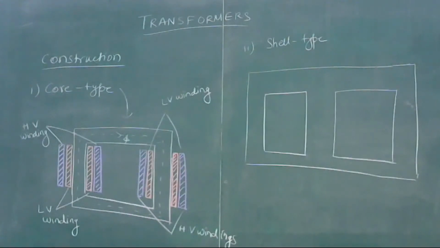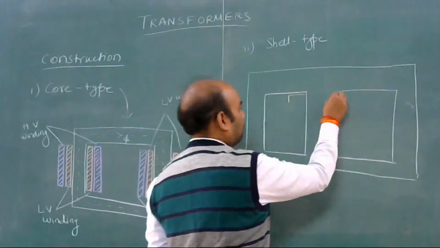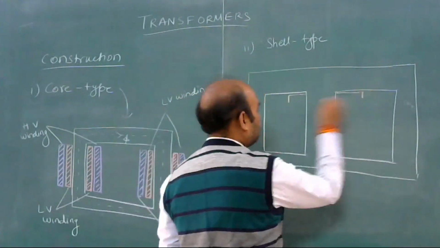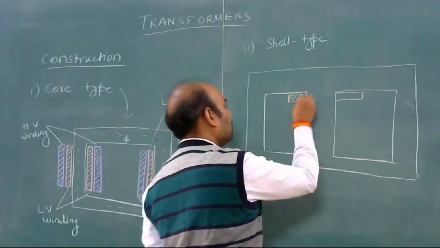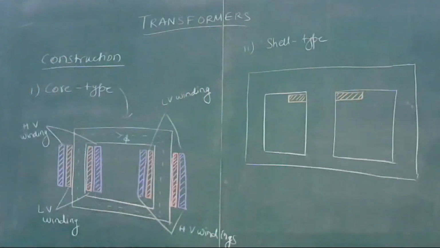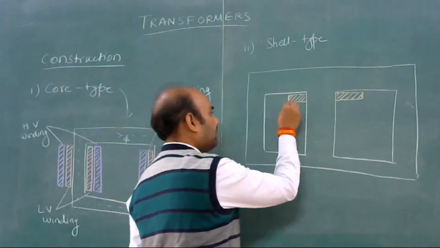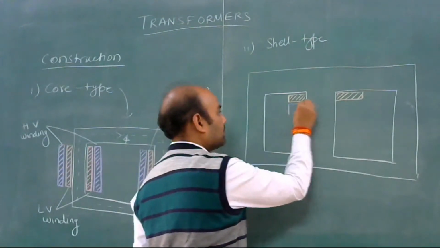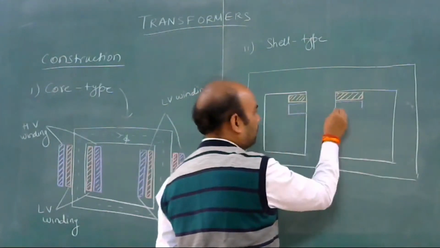So what we do here, we wound the windings in this manner. First we wound LV winding. So windings are wound in central limb. These windings are sandwiched, so sometimes these windings are also known as sandwiched winding.